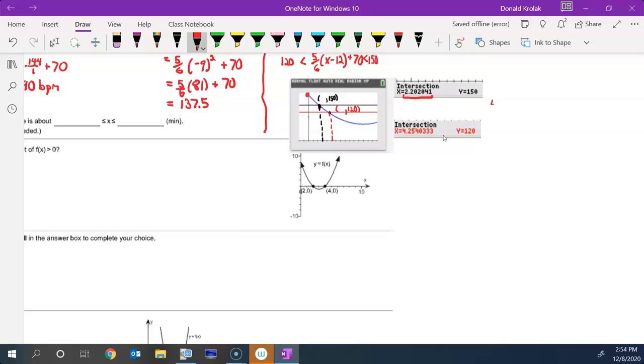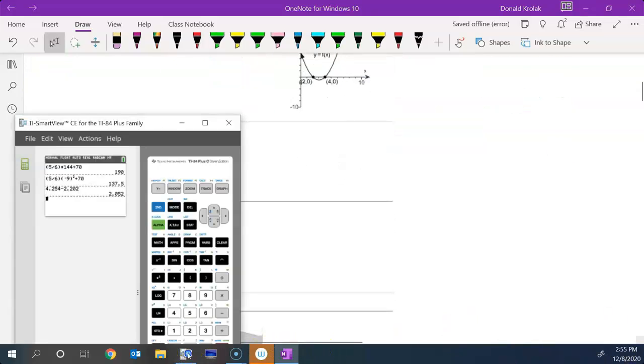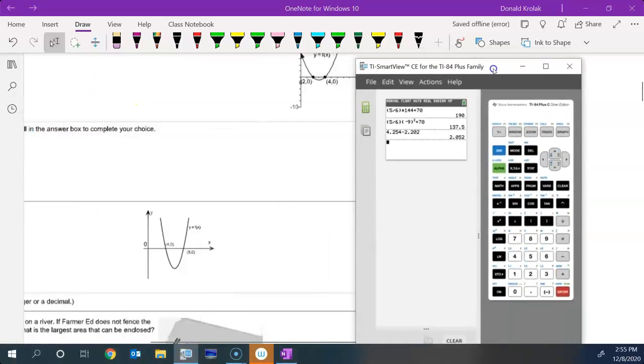So what I'm going to do now is take the difference of these two times, and that's going to tell me how long my heart rate was between 150 and 120. And that turns out to be about 2 minutes.